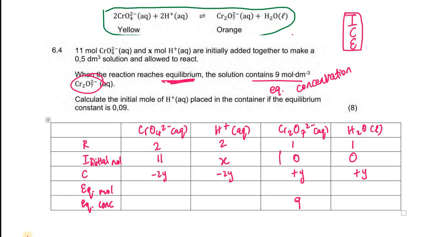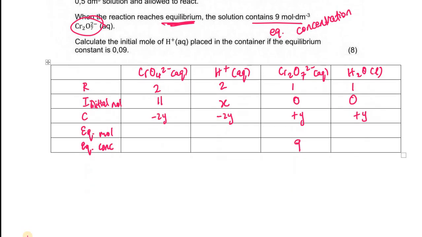To get our ice block here, since we're already given some information about equilibrium, we need to change this equilibrium concentration to equilibrium moles. Then we can have our ice block, and then we can solve for y. So how do we change concentration to number of moles?